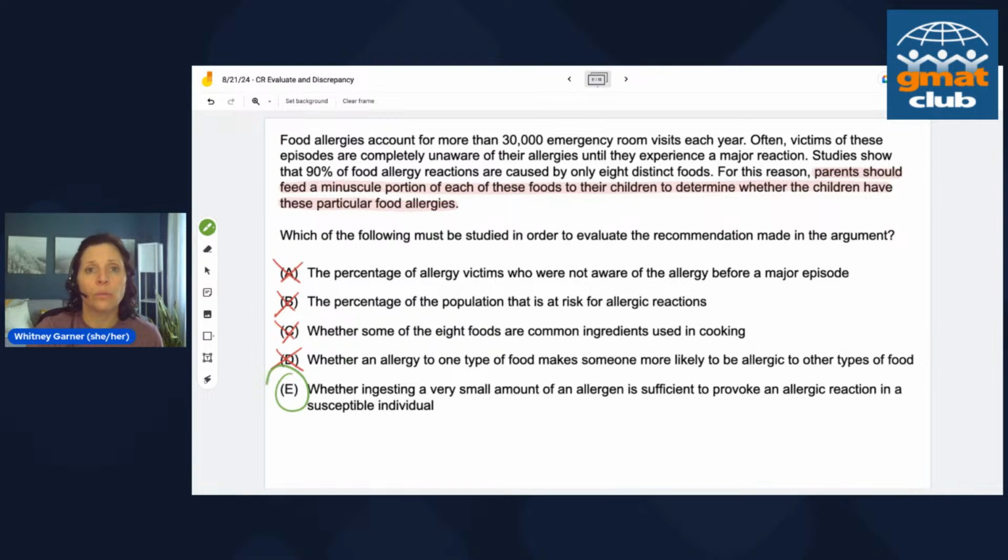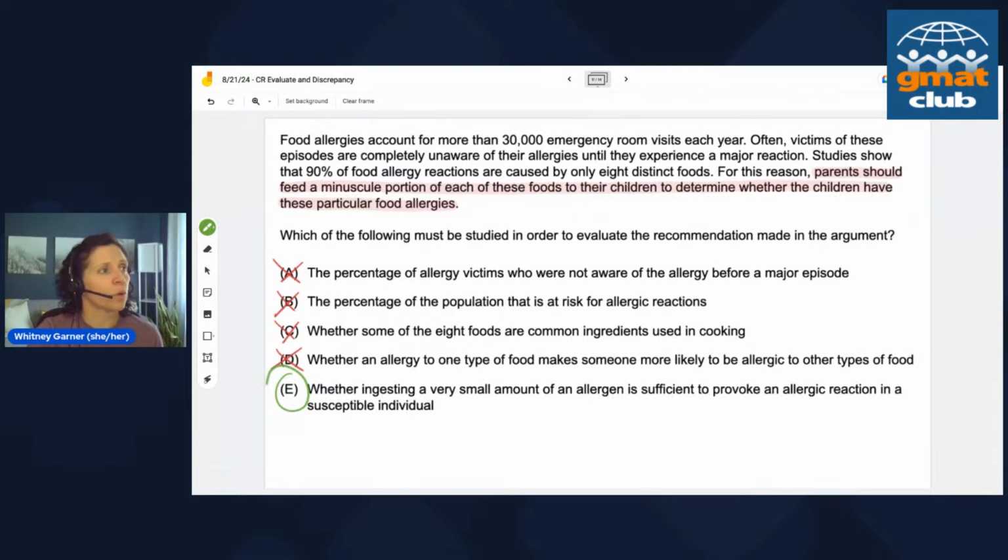Okay, so when we're trying to deal with evaluate questions, what we want to work on is this idea of what's essential here. What do I absolutely need to know to be able to test, yes, this argument is a good one, no, this argument is not good.